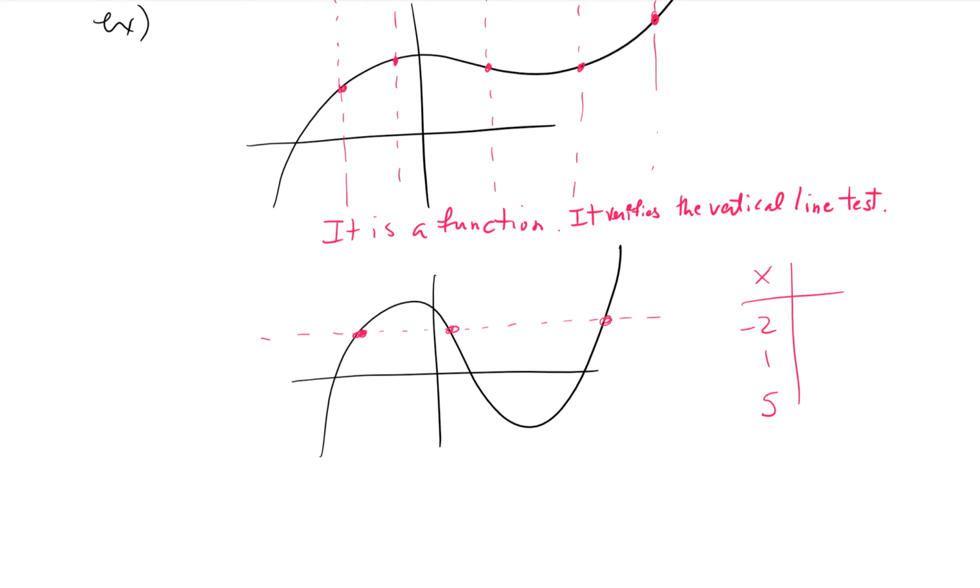So imagine that this line is y equals 4. They would all be associated to 4, but that's okay, right? There's still only one arrow, one value of y associated to each value of x. So the horizontal line test is not a test that exists to determine if something's a function or not. The vertical line test is.